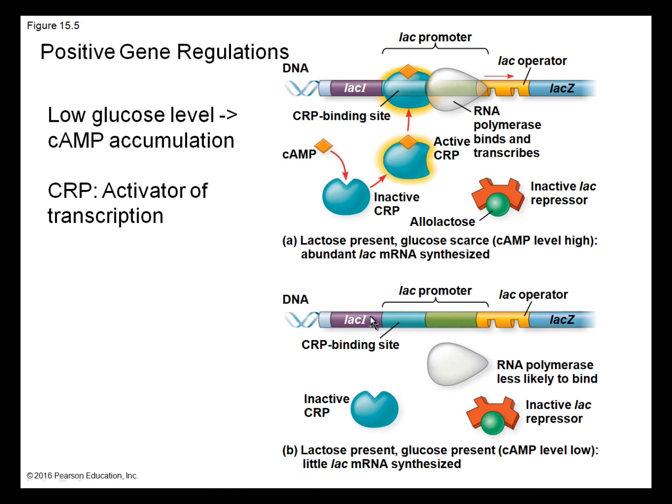This is a very simple model, but even with this simple lac promoter, you can have positive gene regulation and negative gene regulation at the same time. This shows that gene regulation is very intricate, complicated, and works really well.